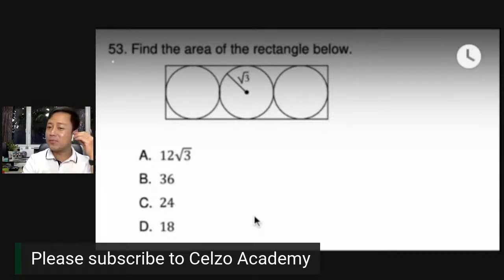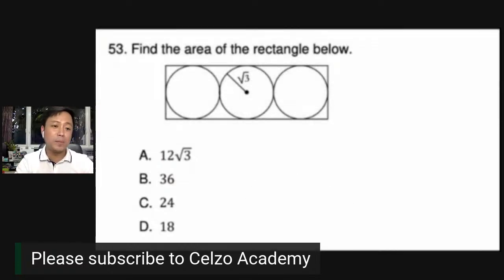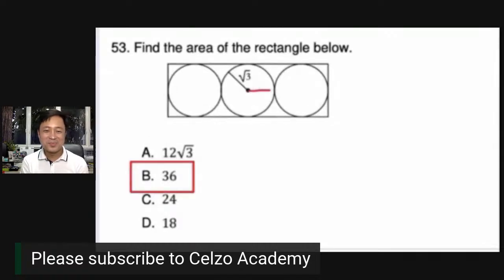The answer is, of course, letter B, 36. Since the radius of the circle is √3 or square root of 3, that means that the diameter is 2√3. So the length of this rectangle will be 6√3. So you simply multiply 6√3 times 2√3. Galing talaga ni Michelle.